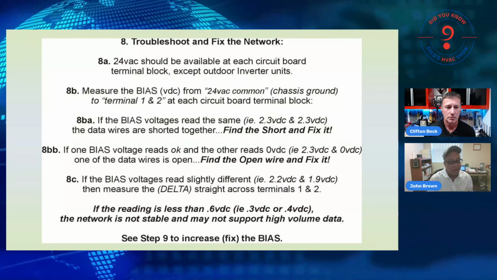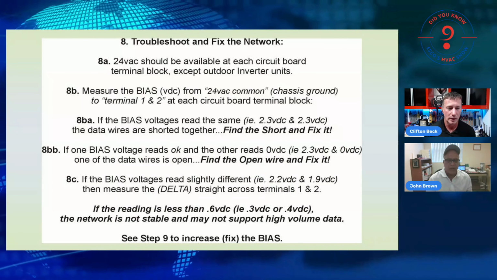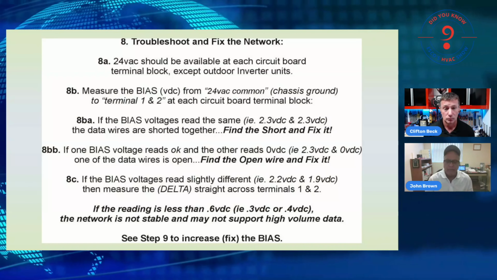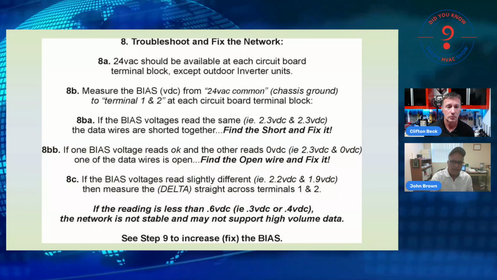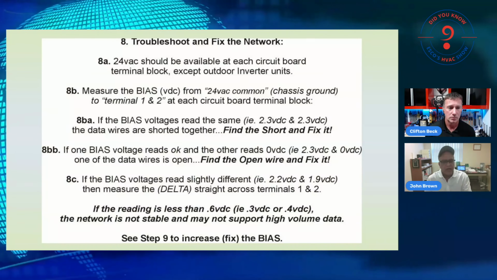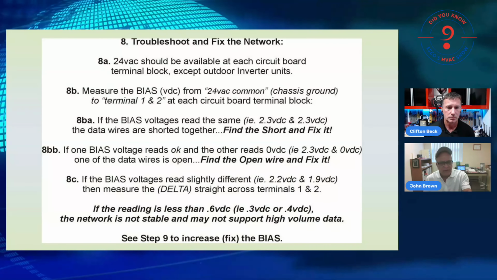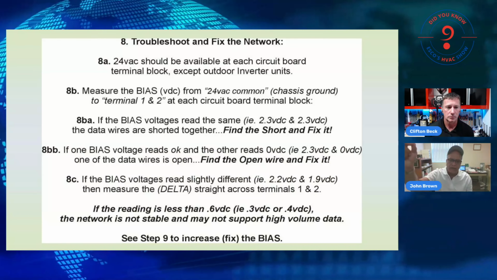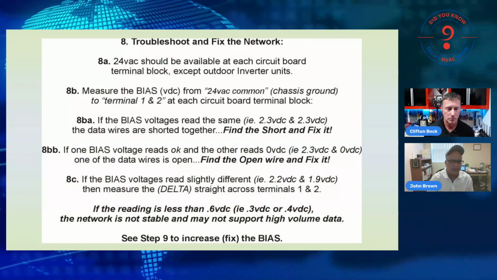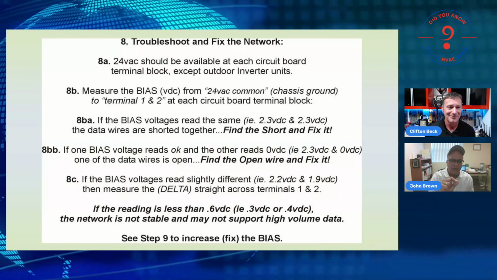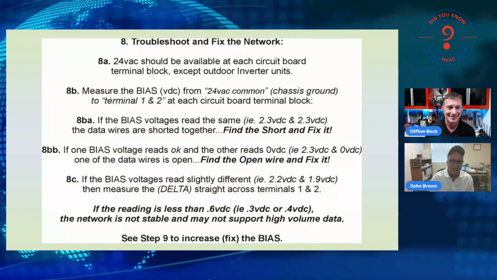The board won't function without the 24-volt power supply. Measure the voltage from the 24-volt common or chassis ground to terminal 1 and 2. If you read the same voltages, that is, common to 1 and common to 2 are both 2.3, your data wires are shorted together. There's a short somewhere. You need to find it and fix it.